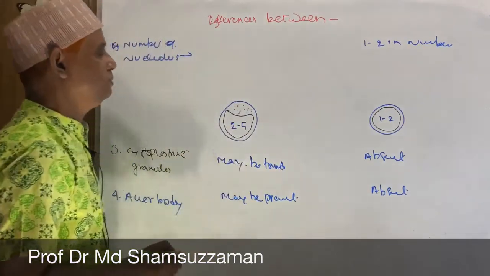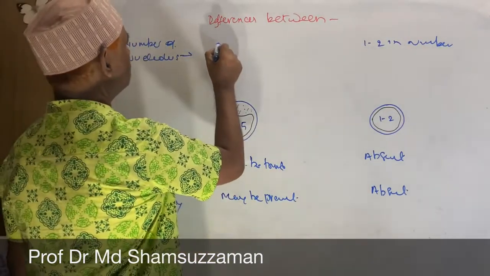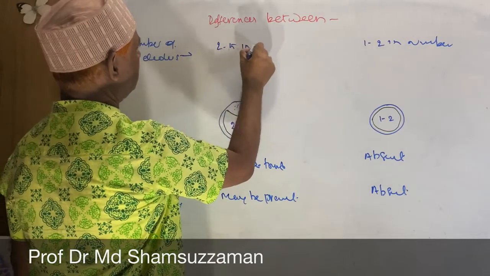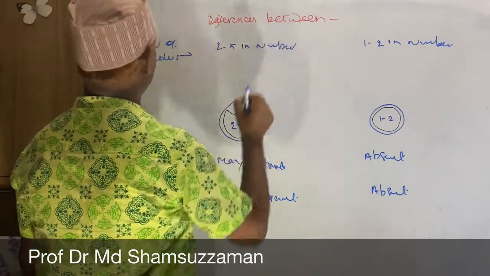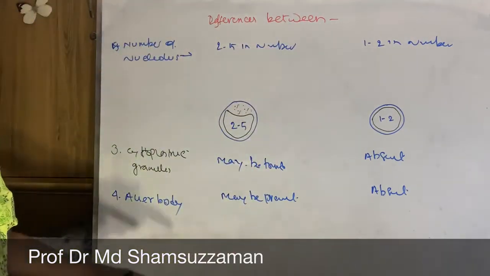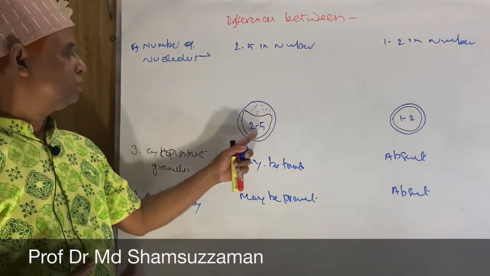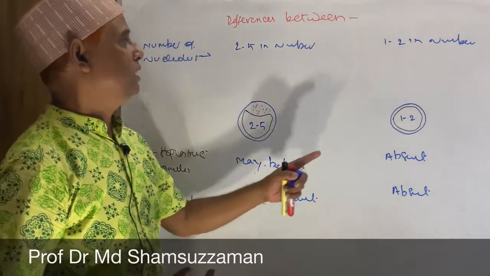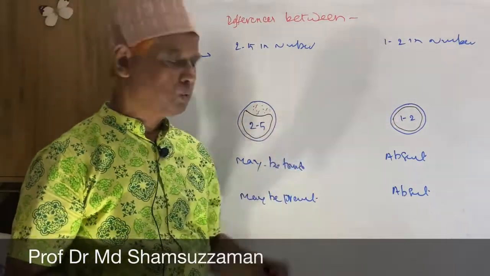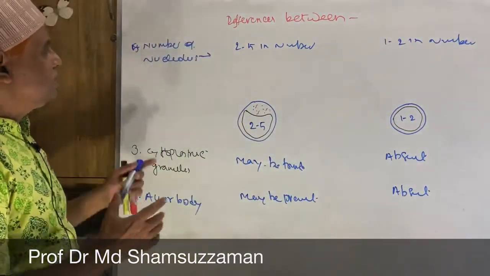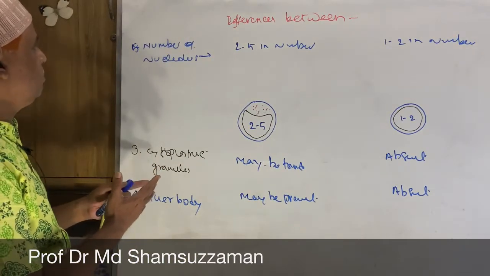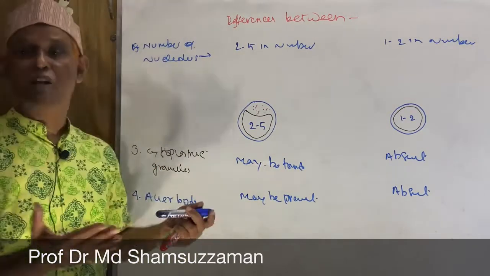So the number of nucleoli in myeloblast is more than in lymphoblast. In myeloblast 2 to 5, but in lymphoblast 1 to 2. So these are the differences between myeloblast and lymphoblast that we can see under a microscope.